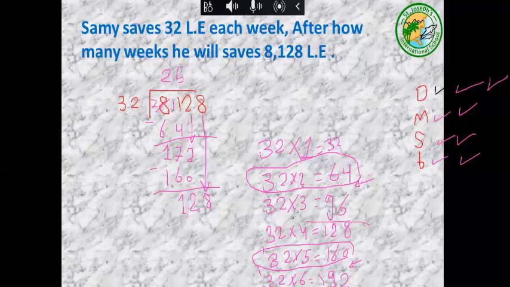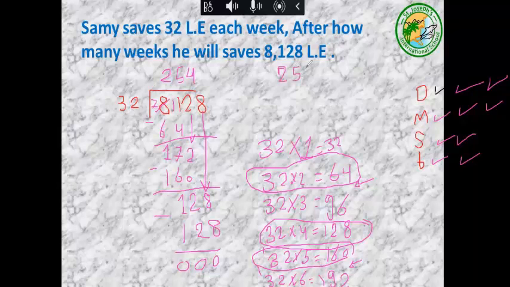So 32 times 4 equals 128. Subtract: 0, 0, 0.